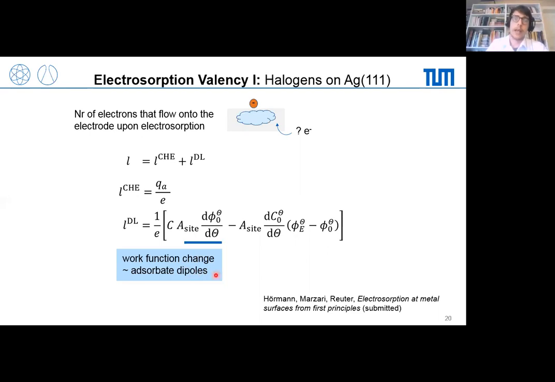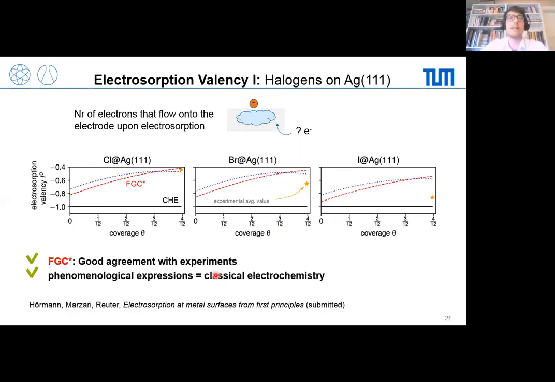We have tried to do these predictions in these simulations, and they go roughly, at least in direction, towards what is measured in the experiment, and it turns out that our agreement is quite good, I would say. So this is now a comparison for the electrosorption valency for halogens on silver 111, and we looked at this series: chlorine, bromine, and iodine.